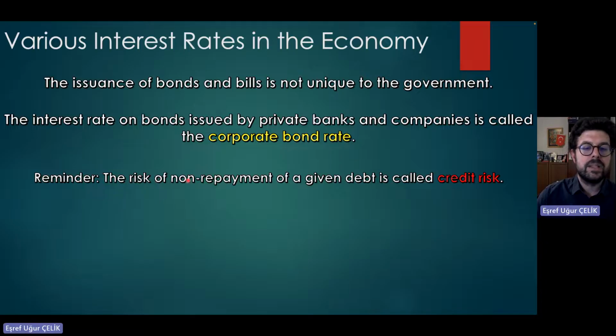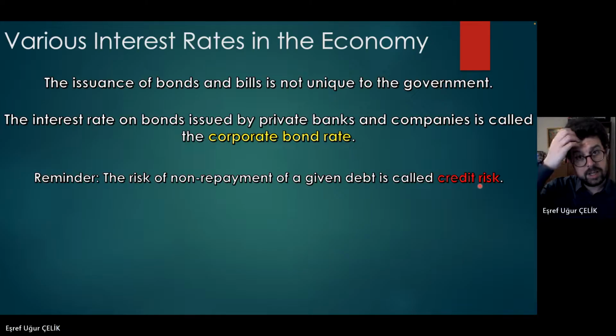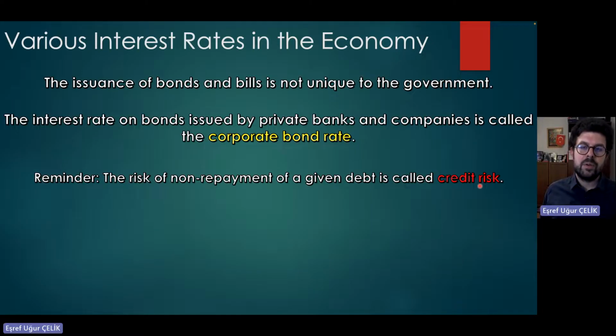The risk of non-repayment of a given debt is called credit risk. There are two choices for you. You can choose a government bond or you can choose a private bond. But definitely the private bonds include some credit risk rather than the government bonds.